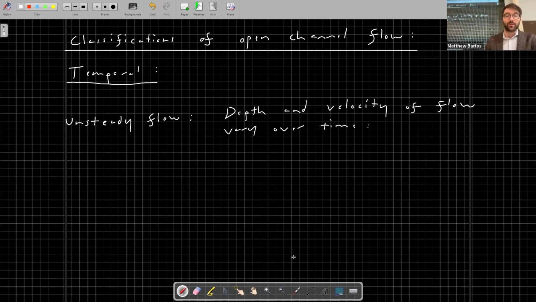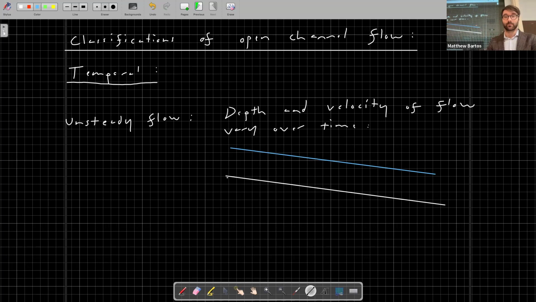So a quick visualization of what that might look like. Let's say we have flow in an open channel. And maybe we have a dam break at the upstream end of the channel. And that dam break produces a flood wave. So we might have something like this.